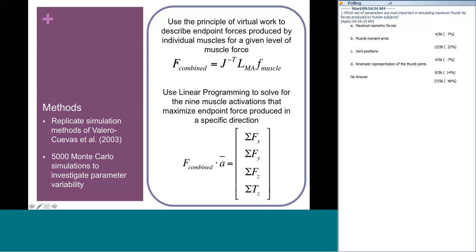In addition, once we have the transformation from a given muscle's given level of force to endpoint force, we need to solve for the activations that maximize the force produced in a particular direction. And this goes with the experimental measurement. So the experimental measurement was, for instance, in one direction, Palmer, let's say it's downward in the x direction.